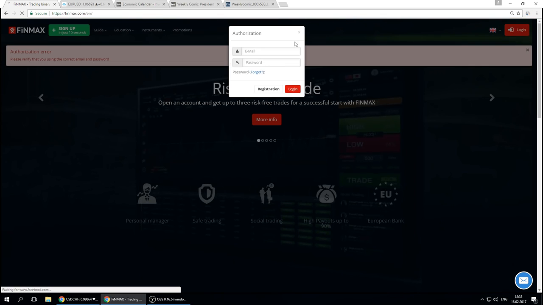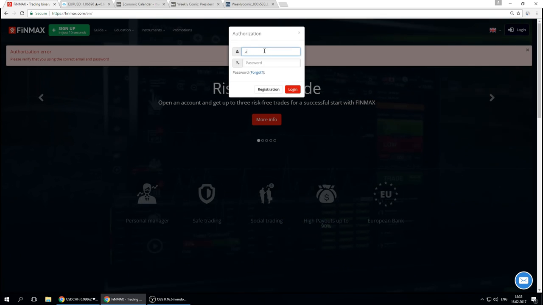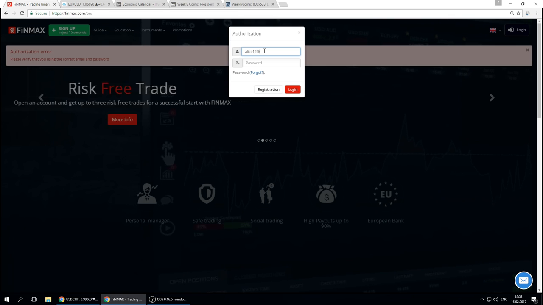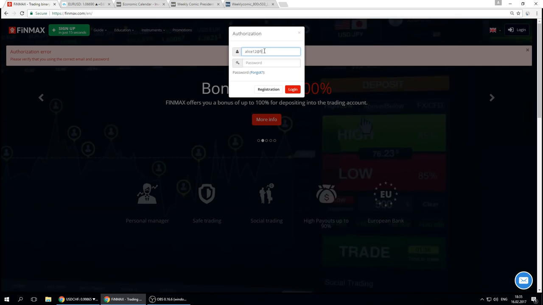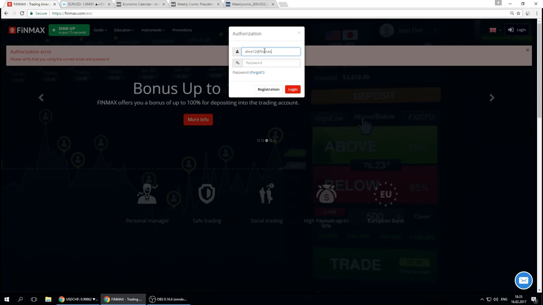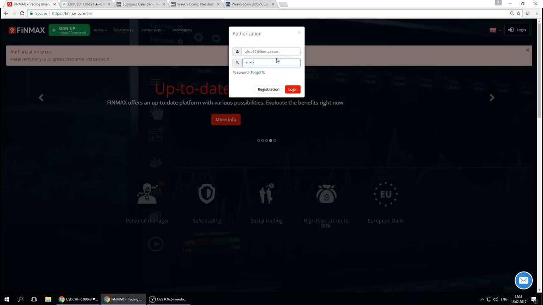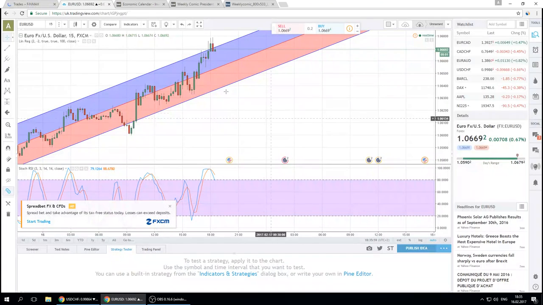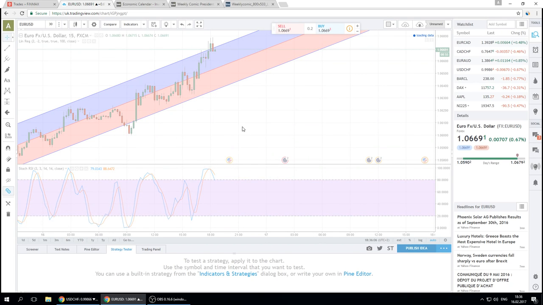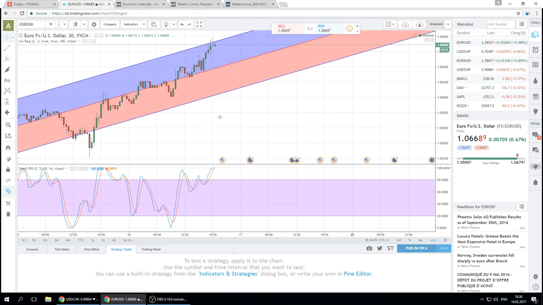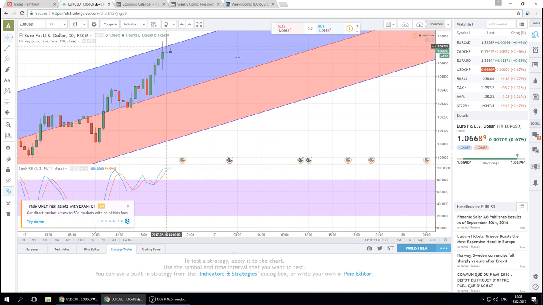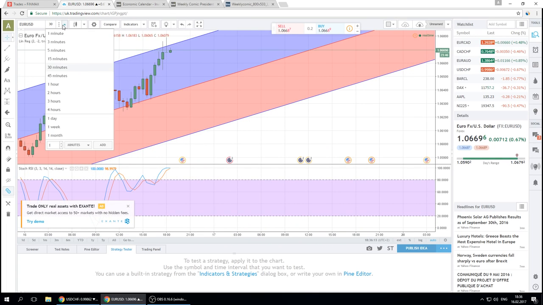Hold on. When it's loading, we can switch to a bit longer time frames to confirm the data that we have. Really high volatility, that's an amazing situation.